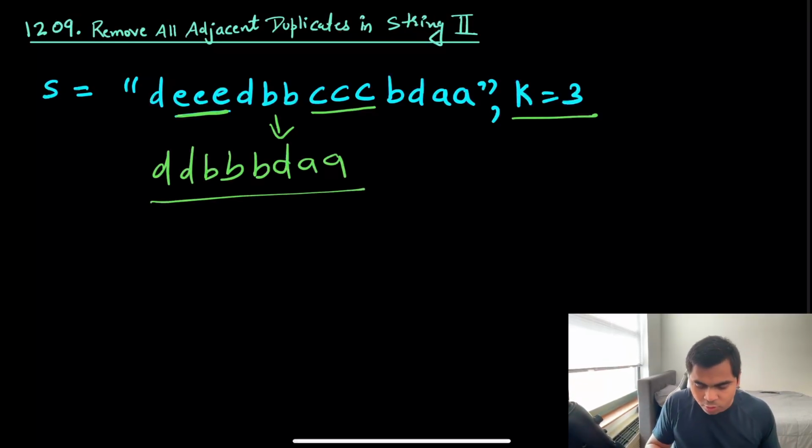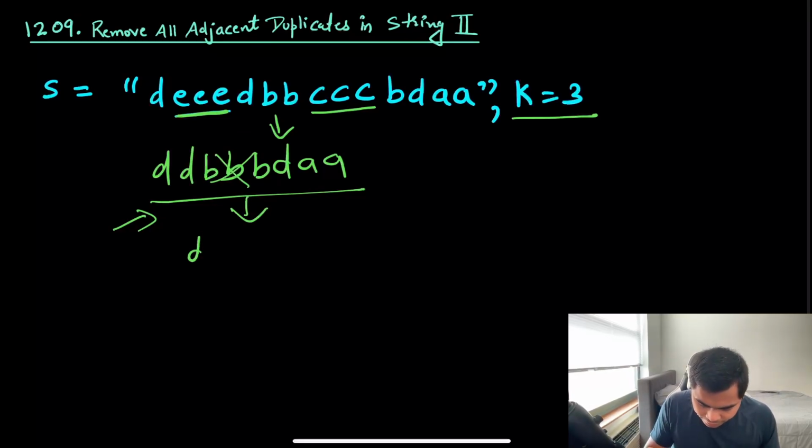But this is not where it ends. Now we check again if there are k adjacent equal characters. We see B, B, B three times here, so we delete this.